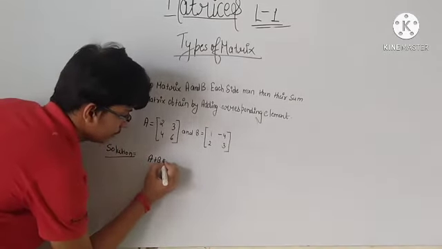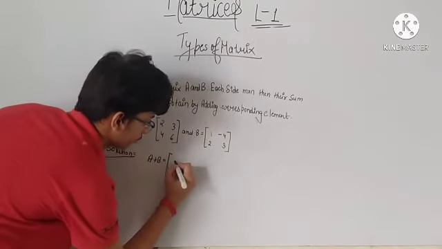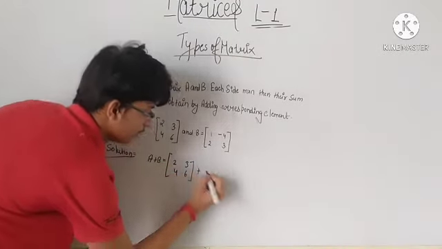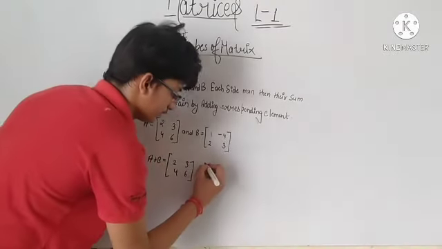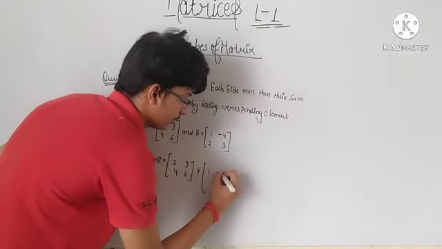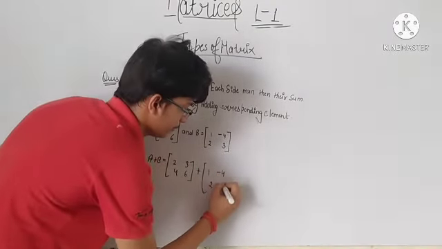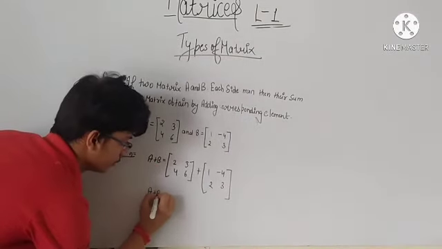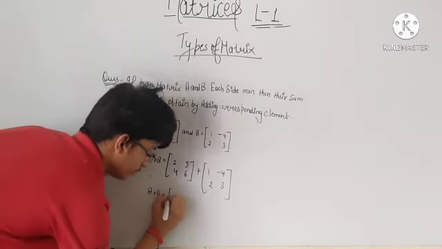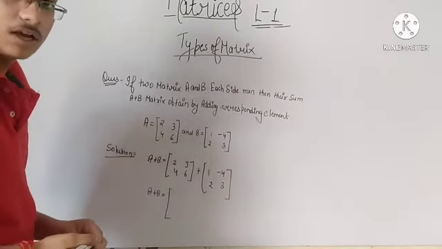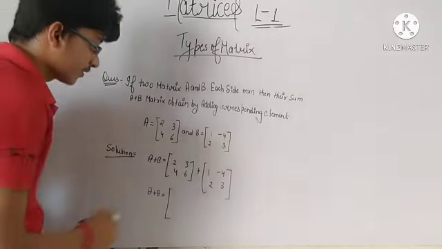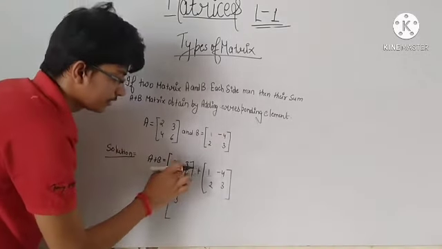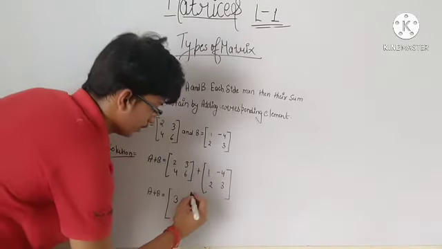A plus B is equal to A: 2 3 4 6, plus B: 1 minus 4 and so on.